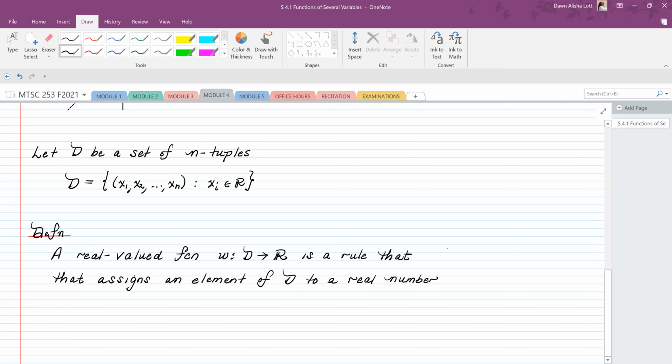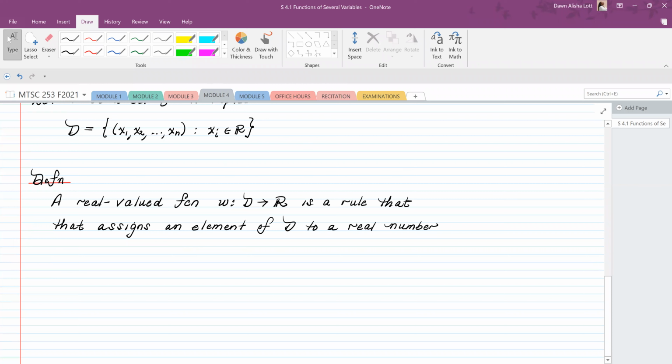Okay, so for example, W can be a function of x1, x2, all the way up to xn. So W is a real number, and this is true for everything that's in D.